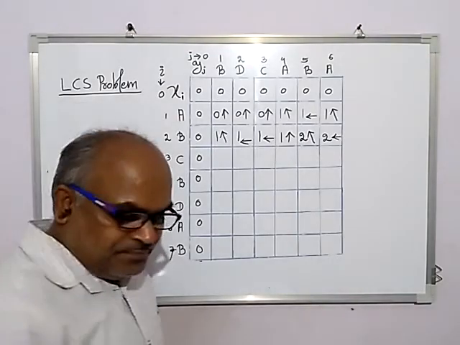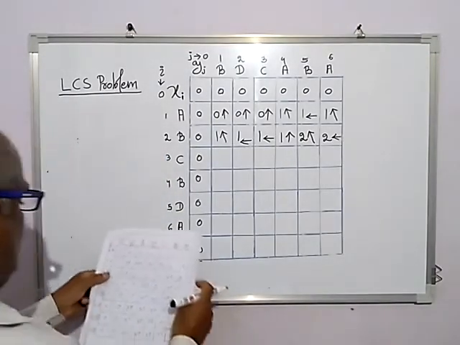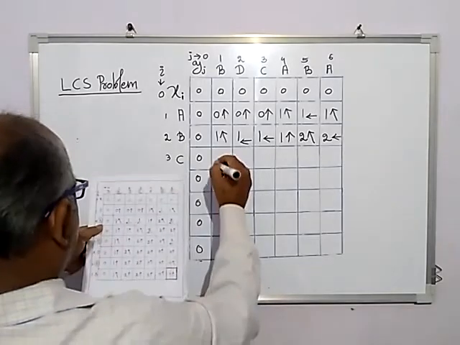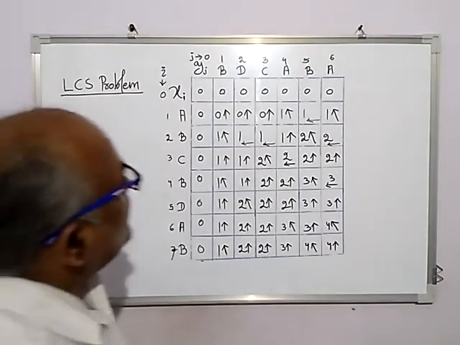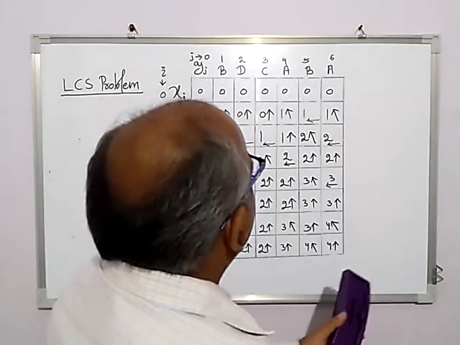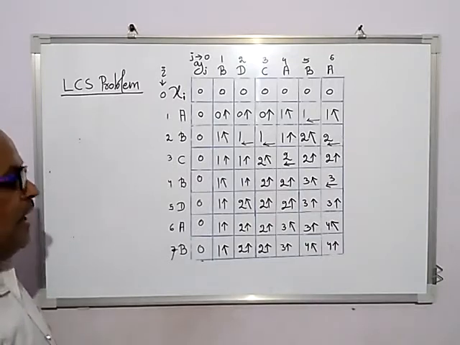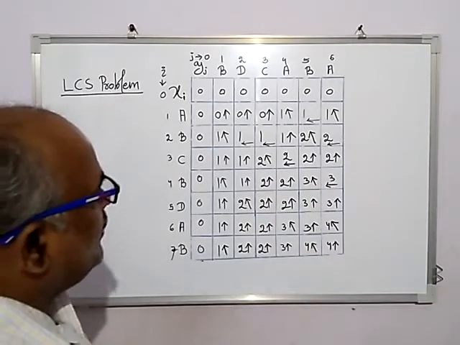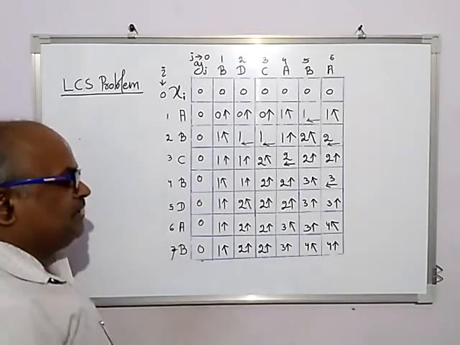In this way you fill up the table. After completion of this table, now how to find out the length of the LCS and how to reconstruct the elements of LCS.